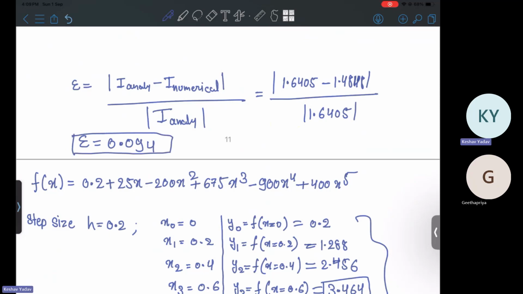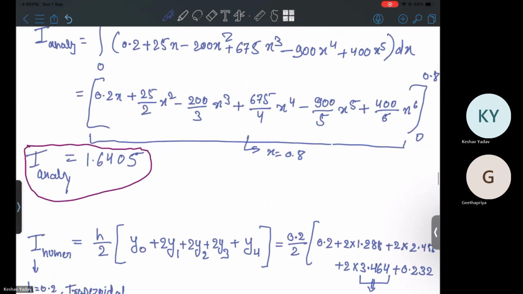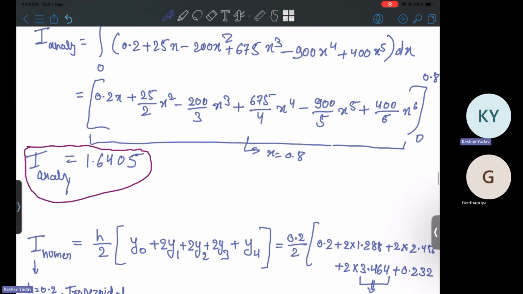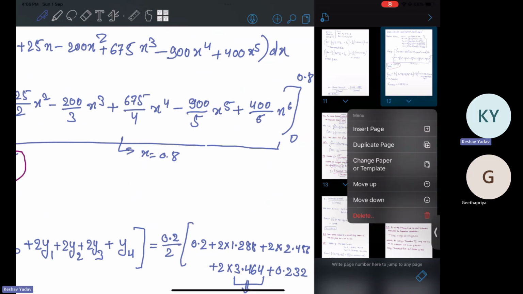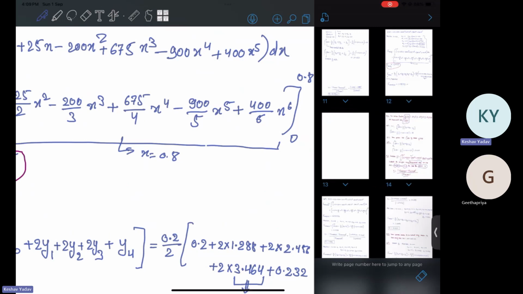This is the error I am getting by using the step size as 0.2 and the trapezoidal rule.